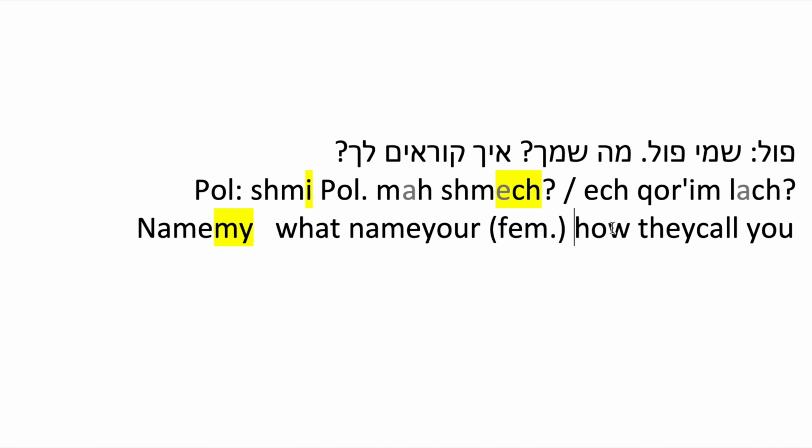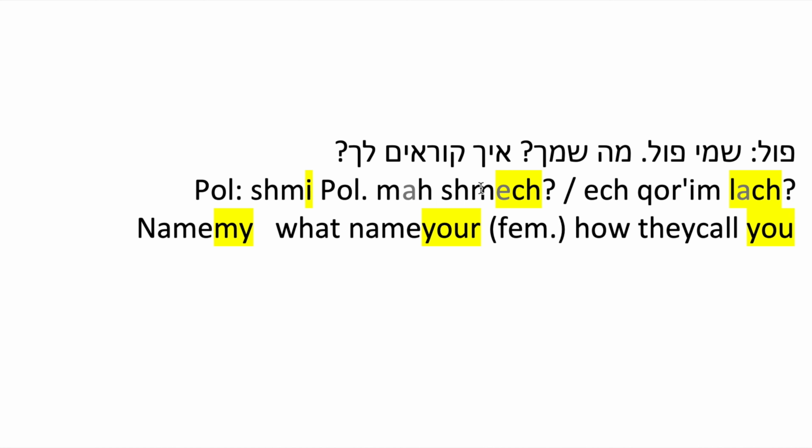This means your name, and lach is the object pronoun for you, feminine also. So of course, since he's asking both questions to her, he needs to use the feminine form, which goes with a noun here.